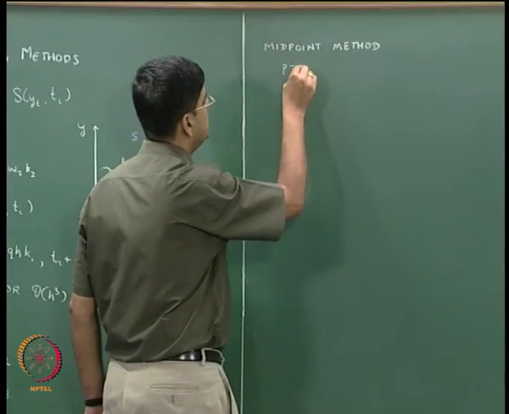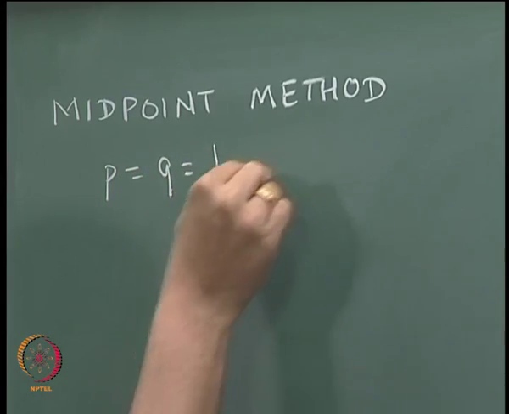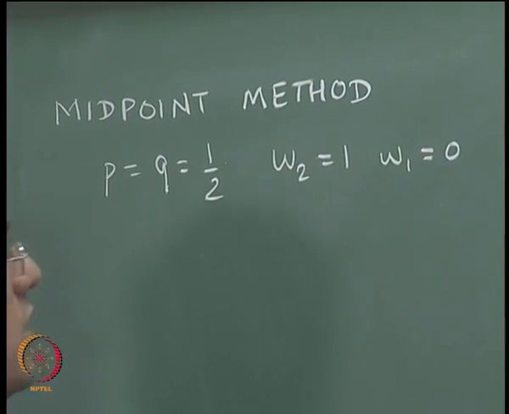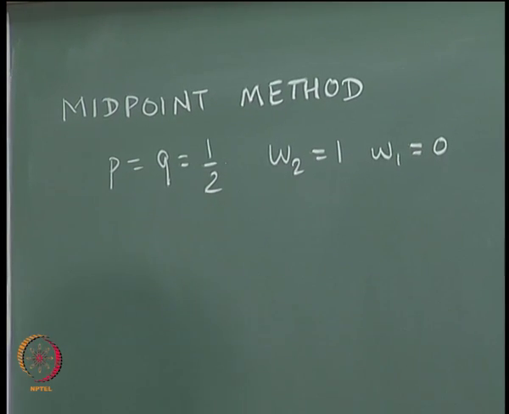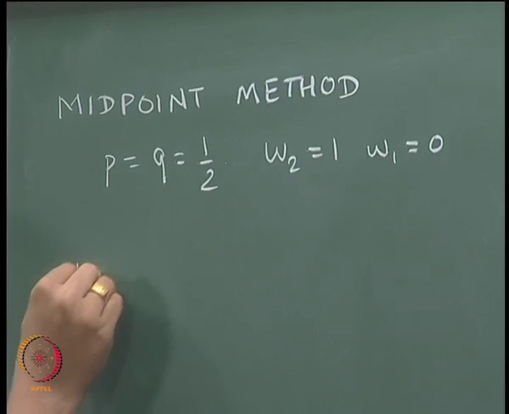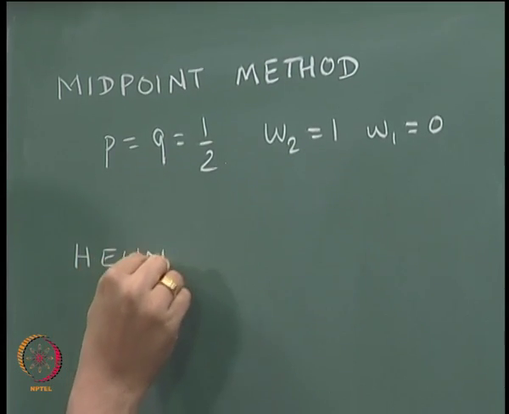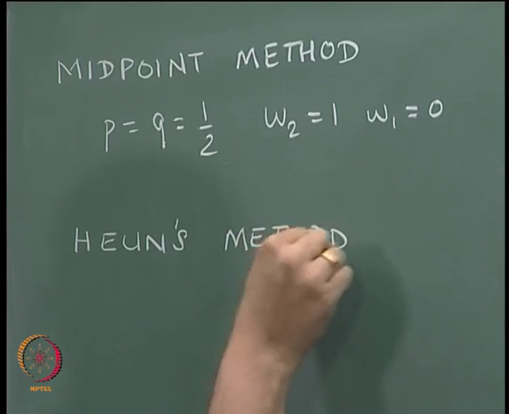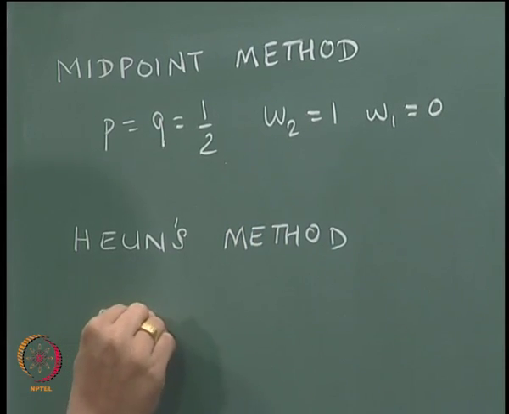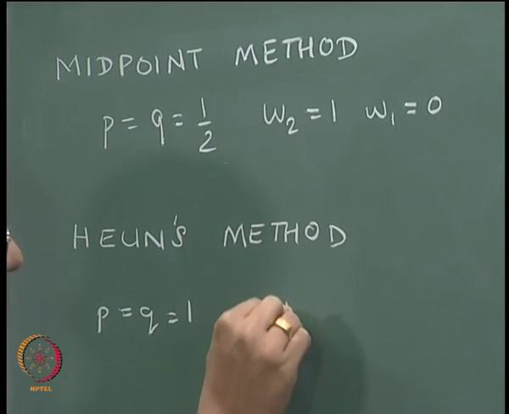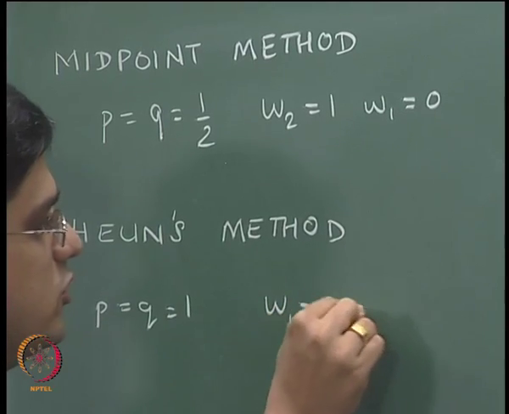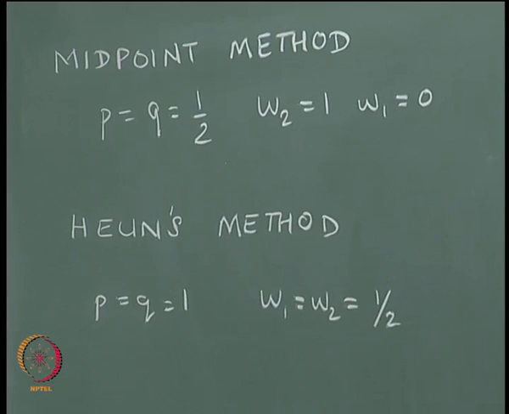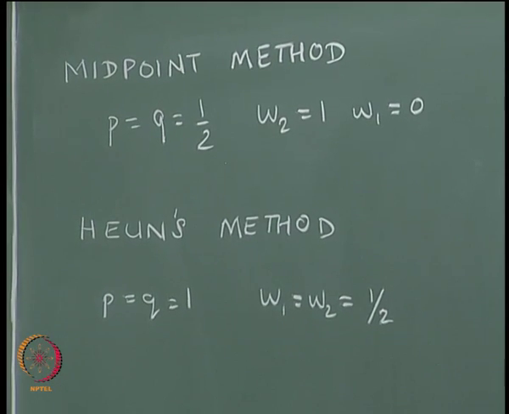So P equal to Q equal to half, W2 equal to 1, W1 equal to 0 was the midpoint method, and the other method was Heun's method, for which we had obtained P equal to Q equal to 1 and W1 equal to W2 equal to half, okay. This is what we had obtained for Heun's method.